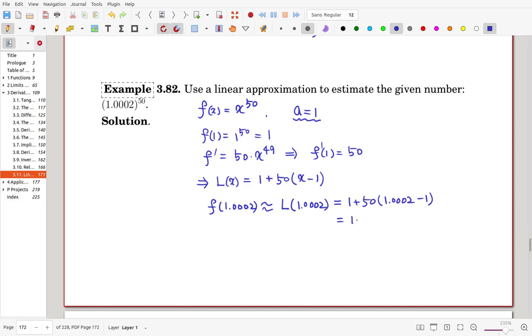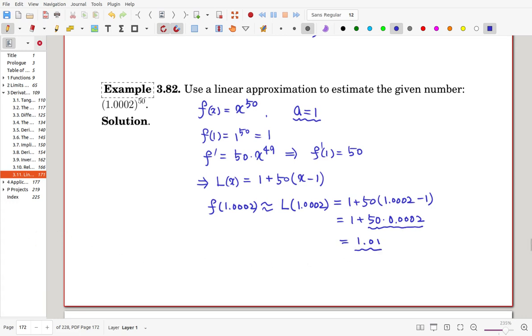So that is 1 plus 50 times 0.0002. That portion is 0.01. So that is 1.01. Okay, so the given value is around 1.01. By using linearization, we approximated it.